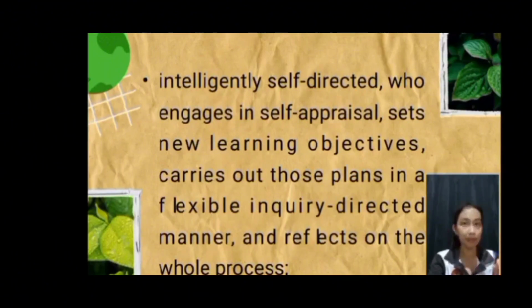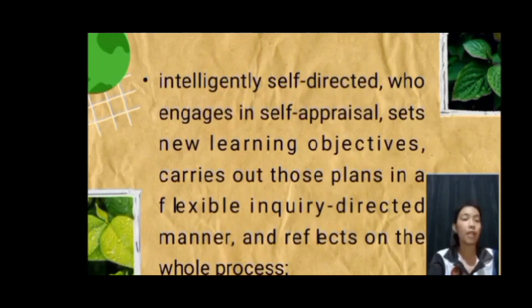Being ecologically literate could mean you can set learning objectives related to environmental awareness, develop plans to reduce your personal ecological footprint, and engage in inquiry-based exploration of sustainable practices. Reflecting on the ecological impact of one's actions becomes integral to the self-appraisal process.